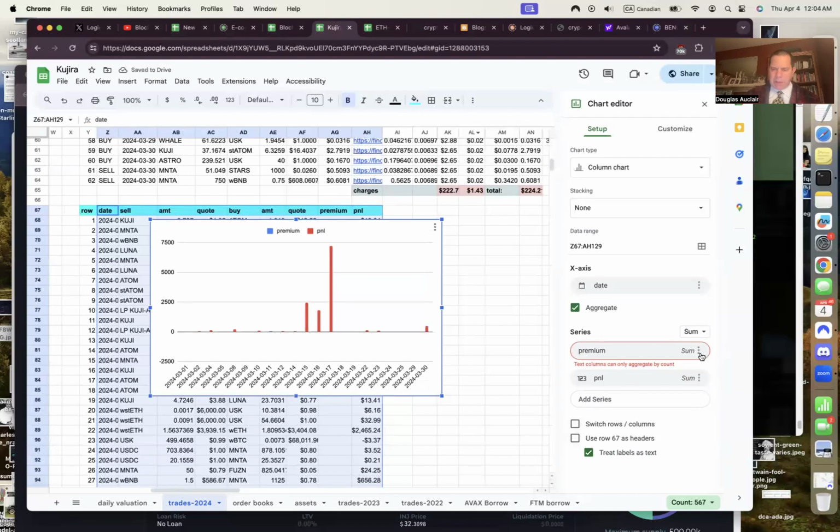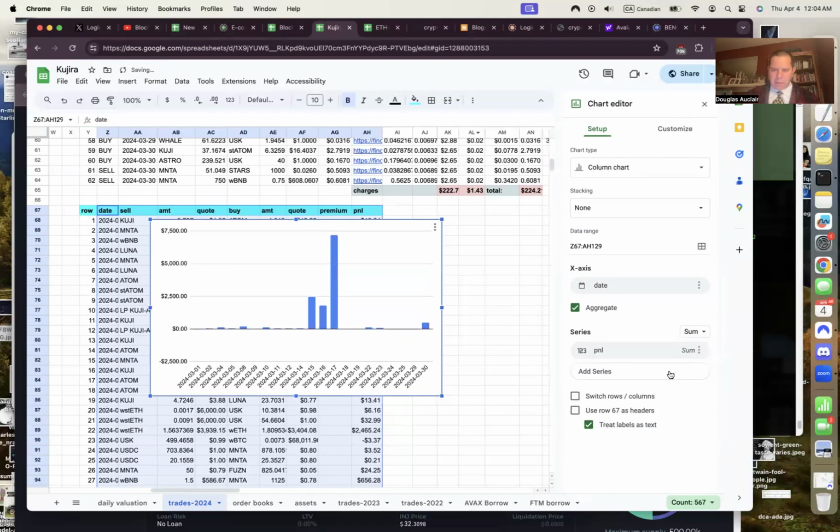And you see, let's get rid of this. The days that I traded and how much profit, which is above the zero line, and how much loss below the zero line, which you can't see because my losses were very small and my profits were pretty good for this past month. I'm very pleased, folks.